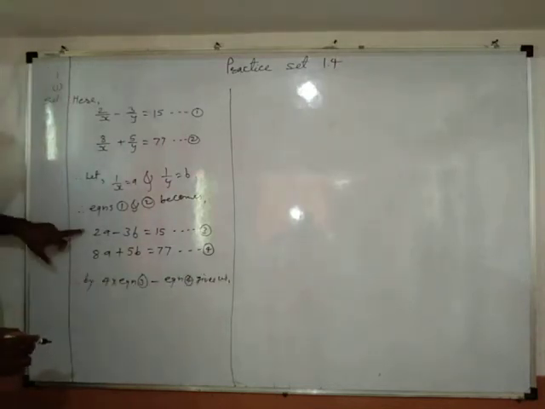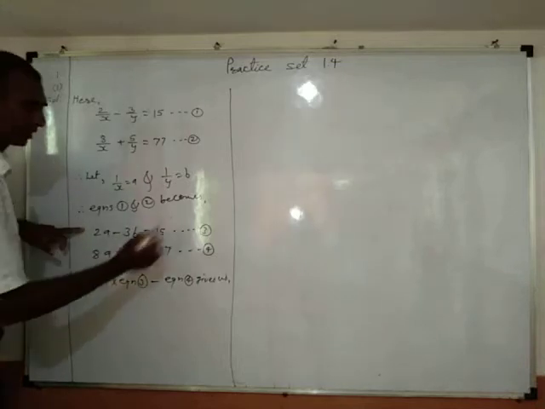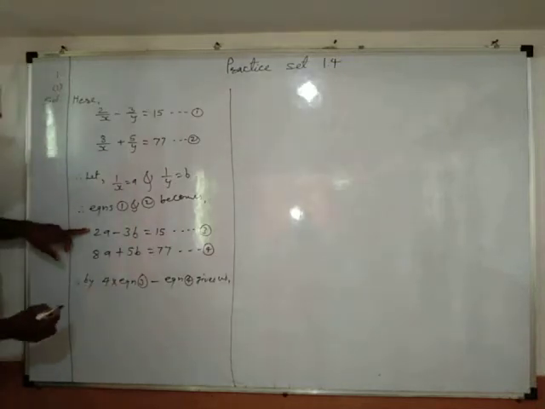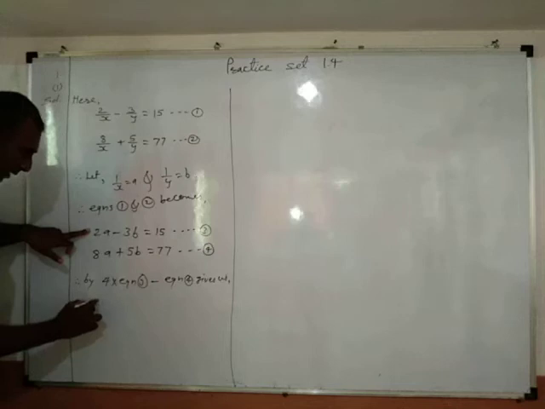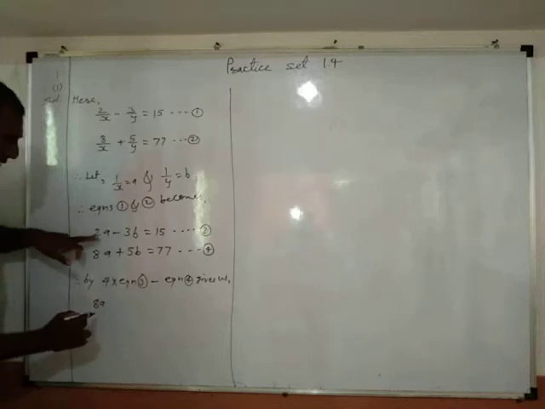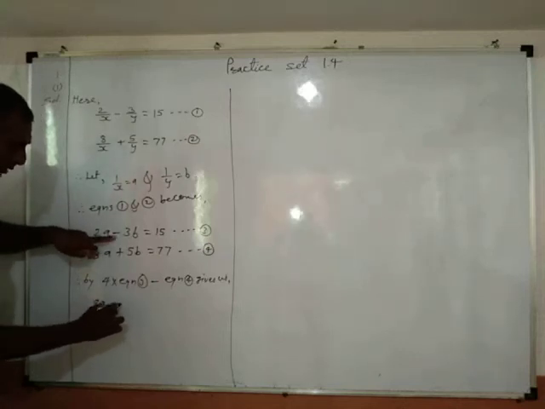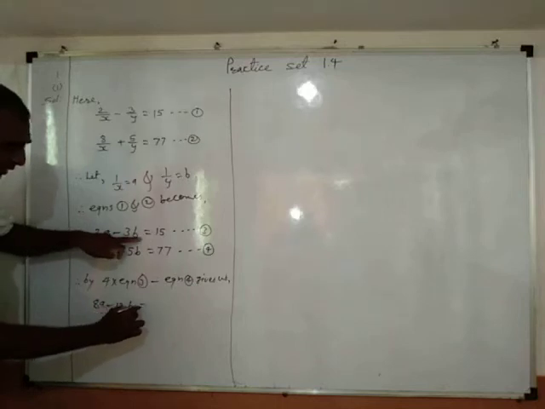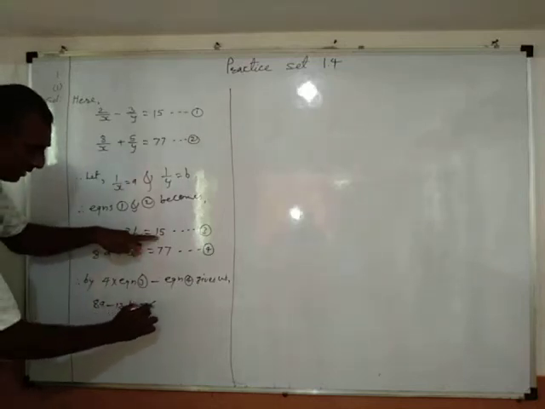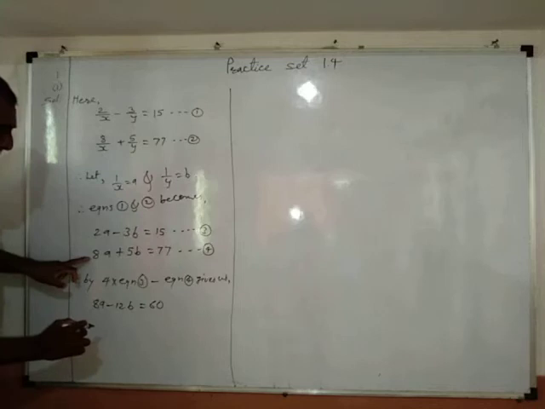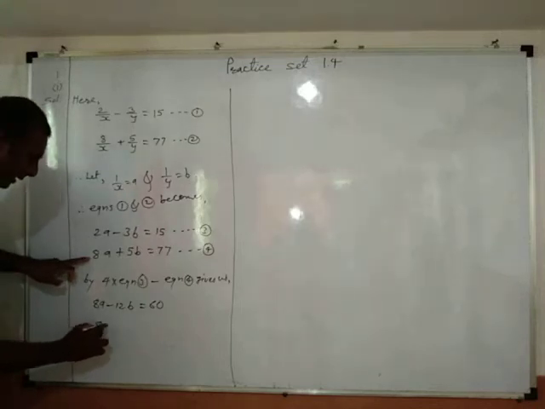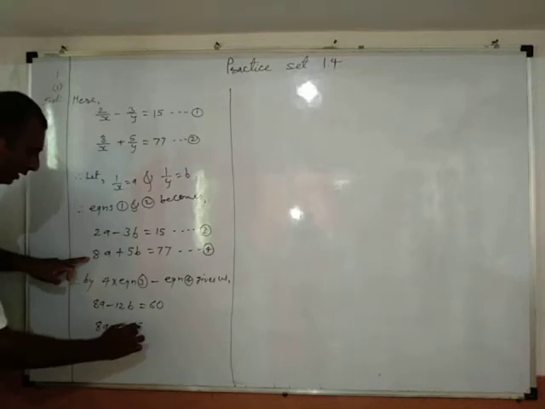4 into equation 3 means every term of equation 3 will be multiplied by 4. 4 into 2a gives 8a. 4 into minus 3b is minus 12b, equals 4 into 15, 60. And equation 4 is 8a plus 5b equals 77.